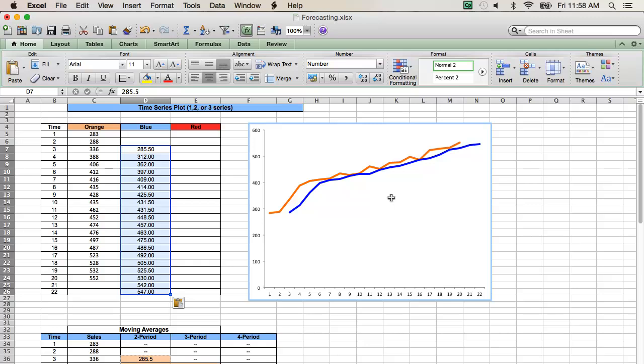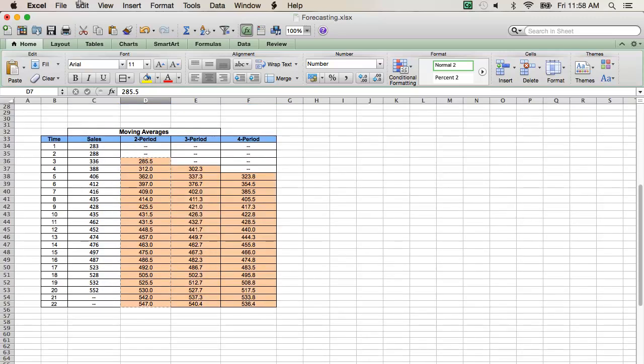We see a smoother trend. However, the 2-period moving average is all below the actual sales data, which may lead us to conclude, and probably should, that the moving average here is underestimating the actual sales time series.